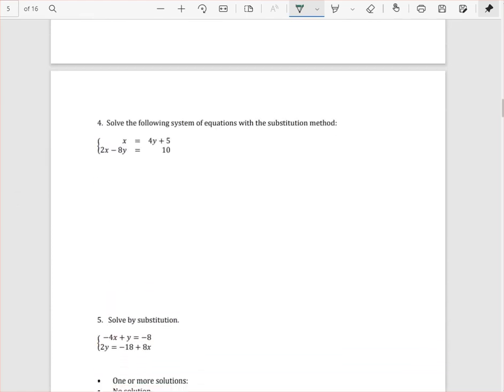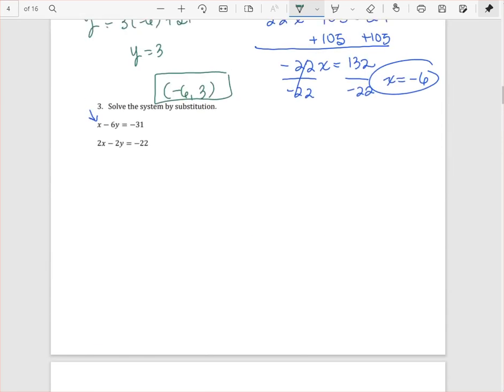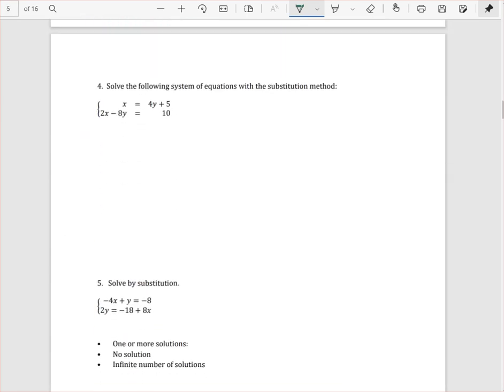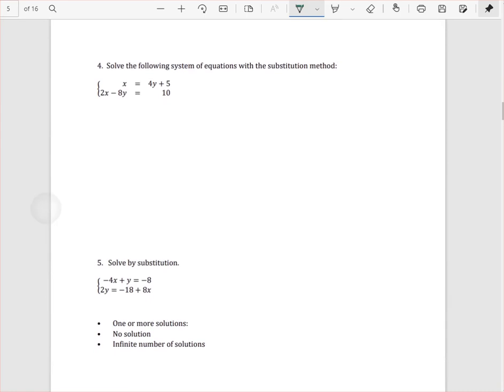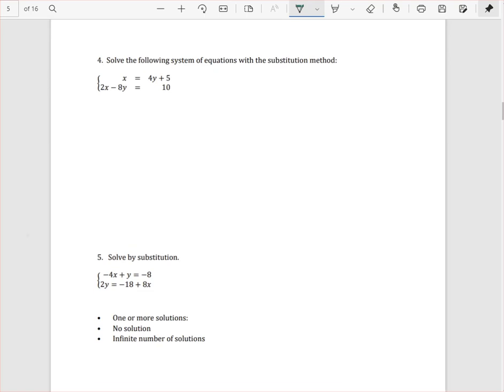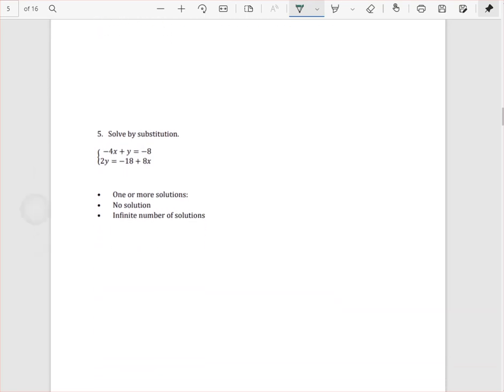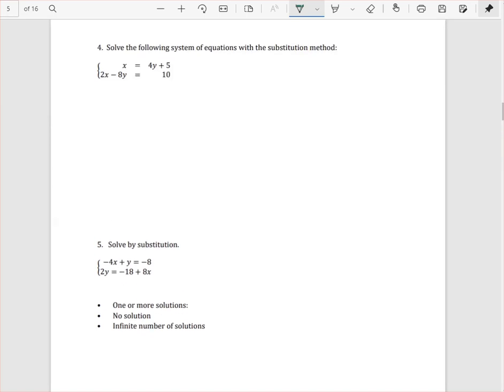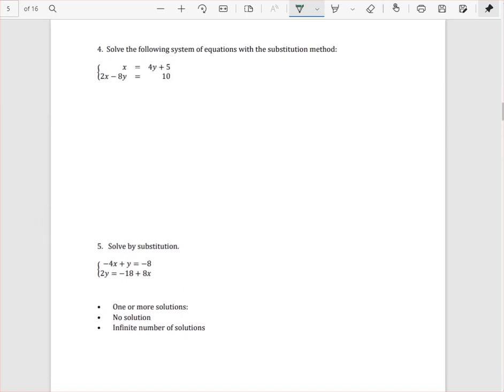So yes, all these other numbers, you can work like that, like on this one. Now this one here, the x is already there, so we're just going to substitute it in here.